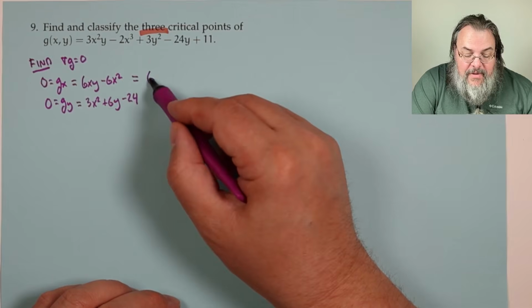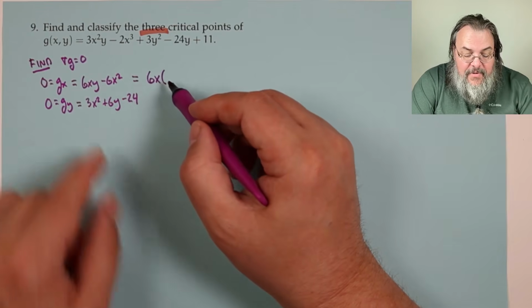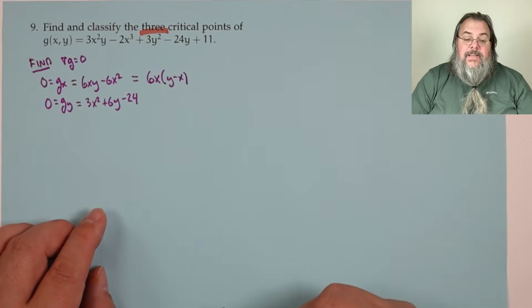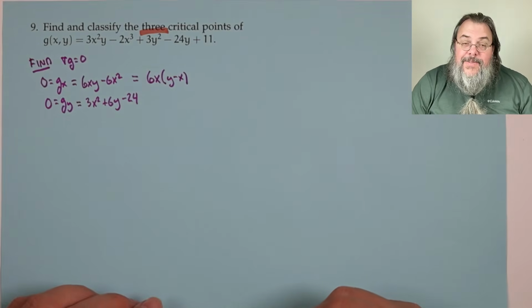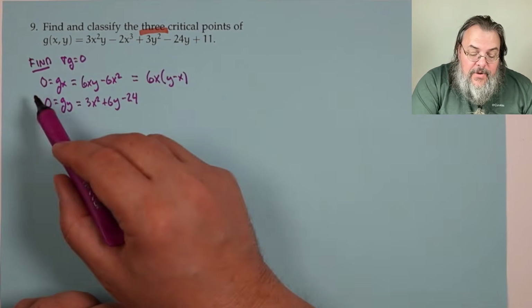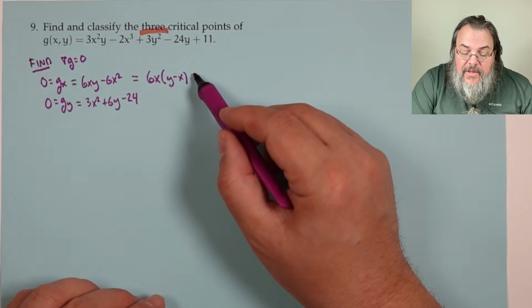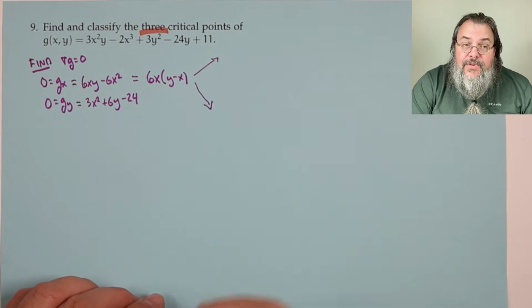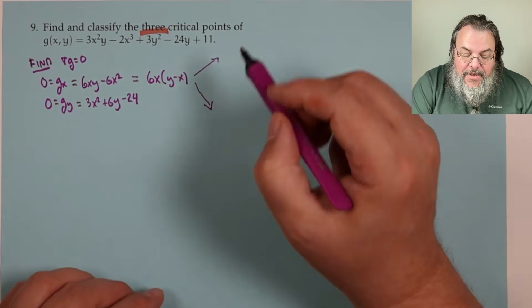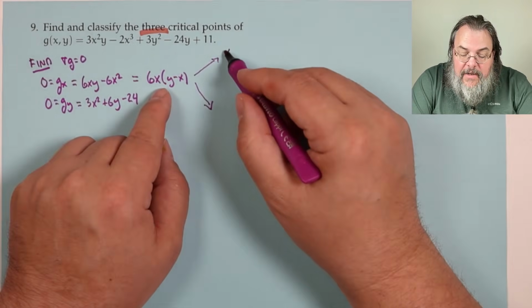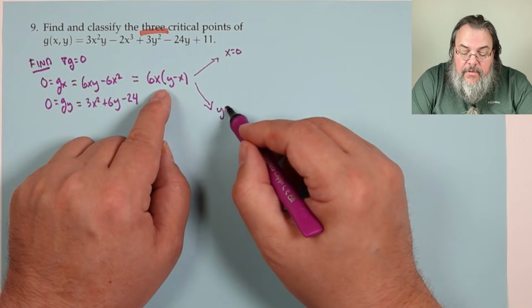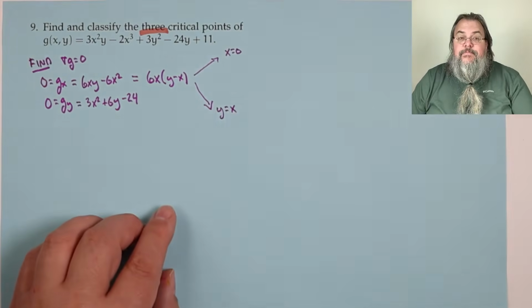This becomes 6x times (y minus x). Notice it equals 0, so there's really two paths we could be taking. Two roads diverged in a mathematical wood. One is that x equals 0. The other is that y minus x equals 0, or y equals x.